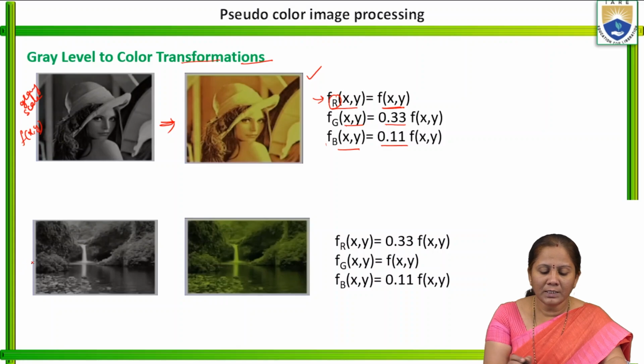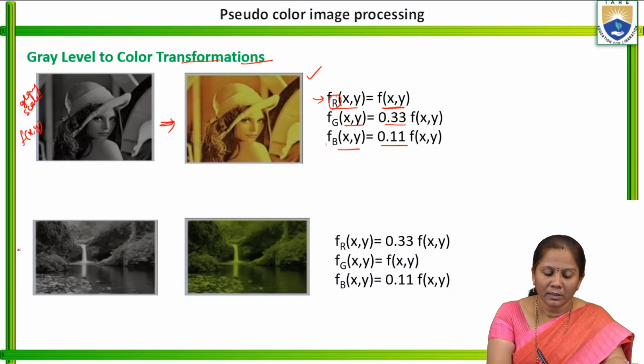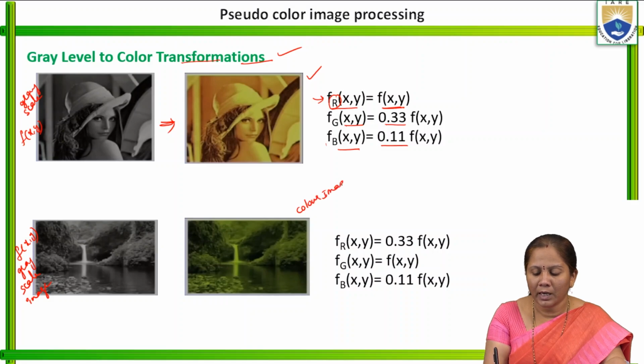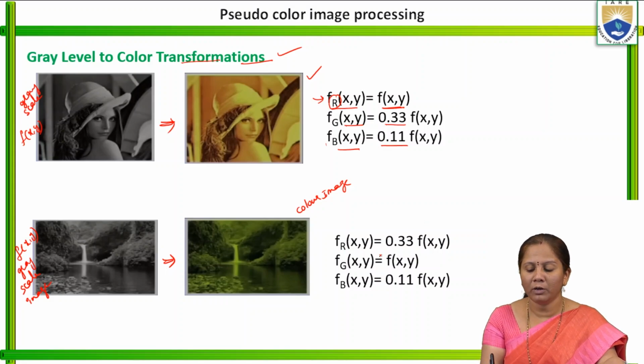Now, considering the second example, here this is f of x comma y, which is the same grayscale image. After applying this gray level to color transformation, the output is the color image. Here the transformations are applied as fr of x comma y equal to 0.33 into f of x comma y, fg of x comma y equal to f of x comma y, and fb of x comma y equal to 0.11 into f of x comma y.